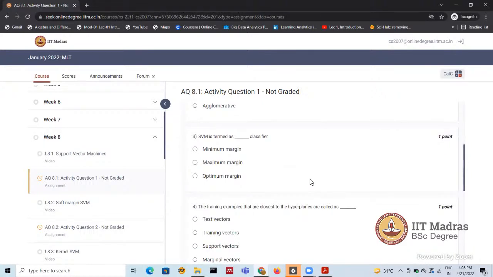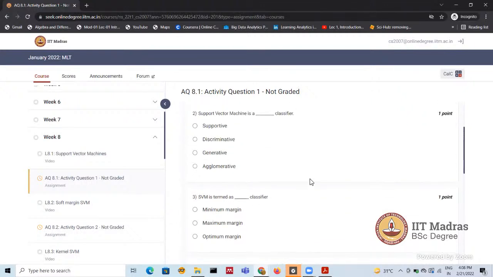Sir, and what is generative, just for completeness? Okay, I said that discriminative does not really talk about the underlying probability distributions. Generative algorithms try to focus on obtaining the underlying distributions, and we mostly use them while generating data.